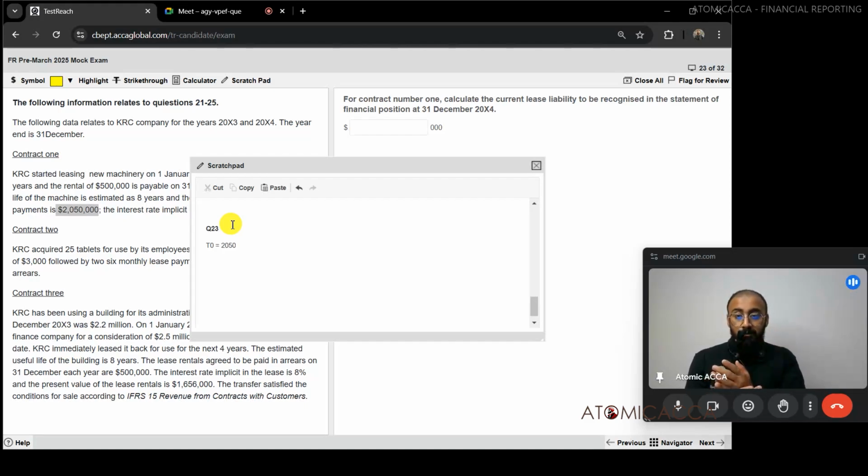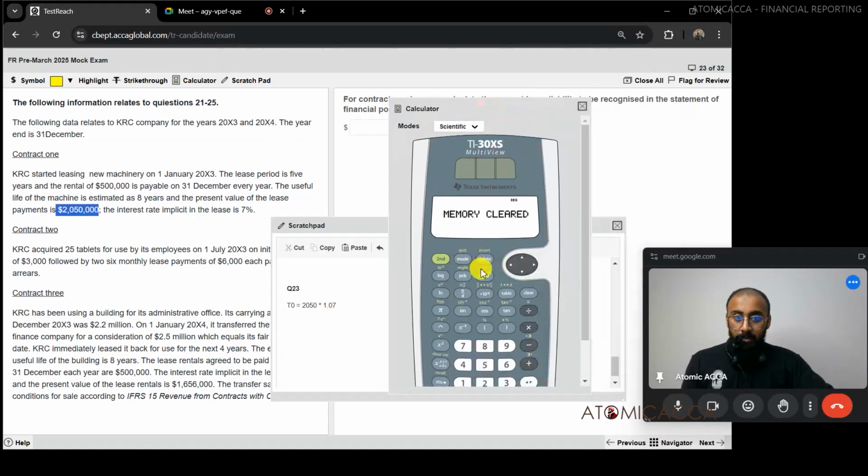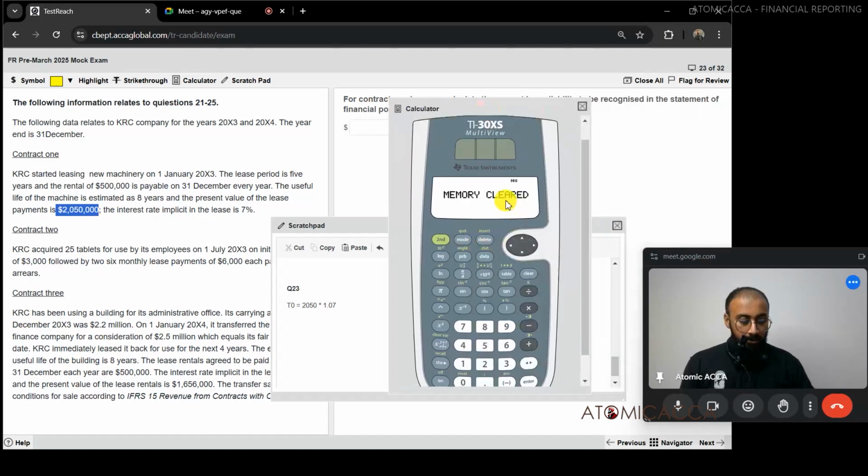Now on 2050, what will happen? Interest will accrue on that, because this is an arrear calculation. How much interest will accrue? 7%. So 2050 into 1.07. In 1 year it will become 2193.5.